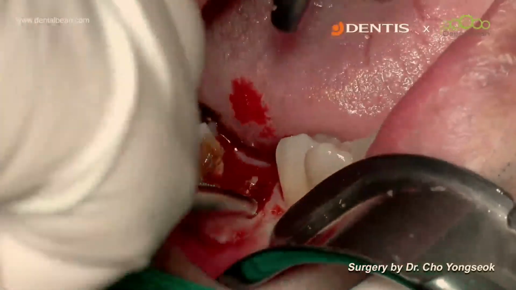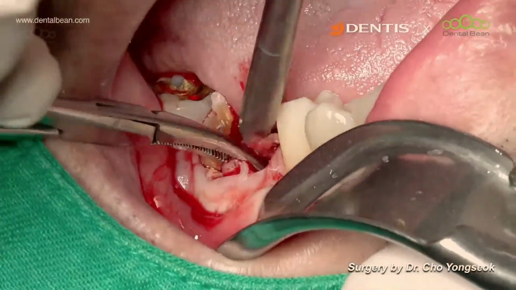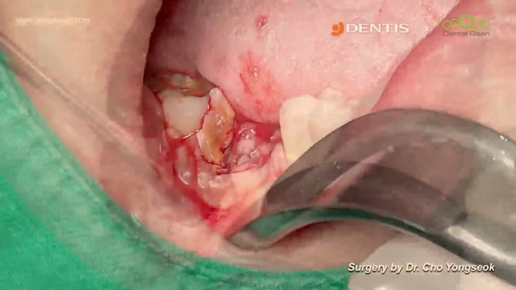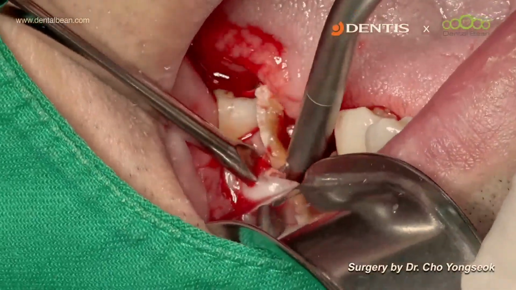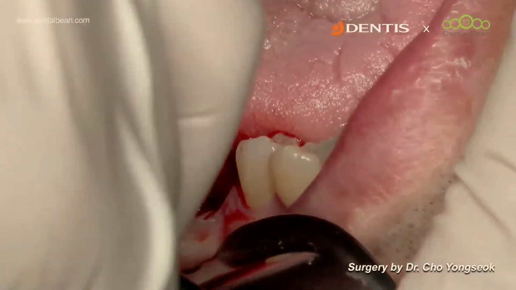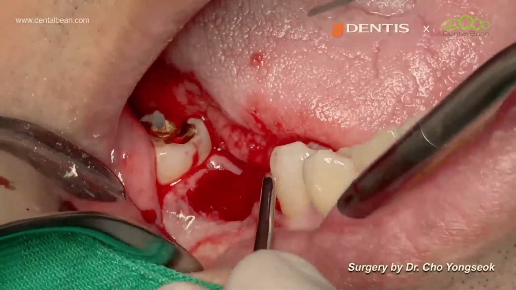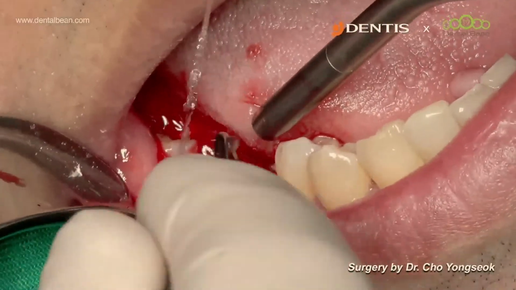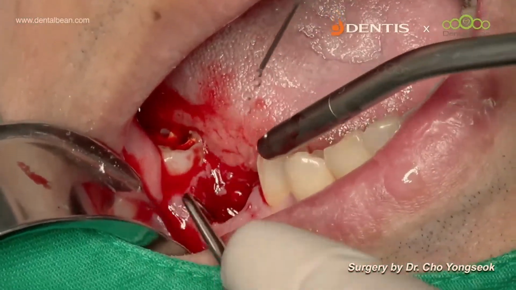Extraction itself is not so difficult. Remove the granulation tissue carefully.